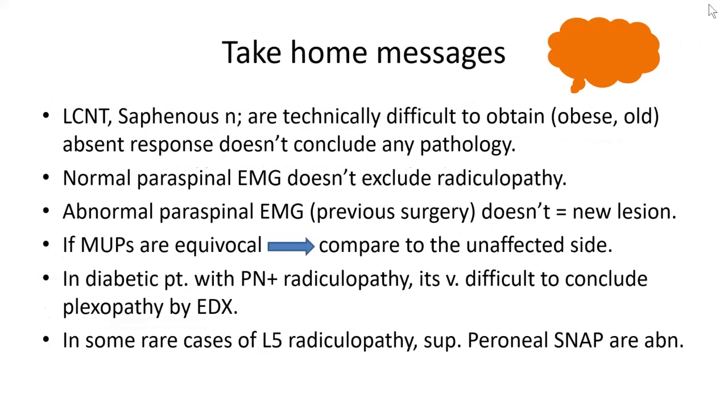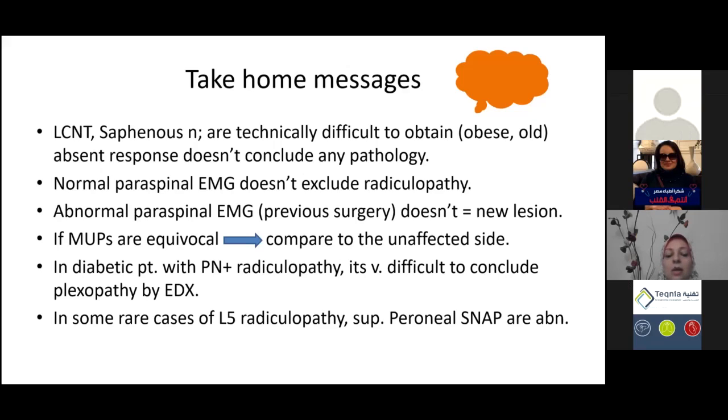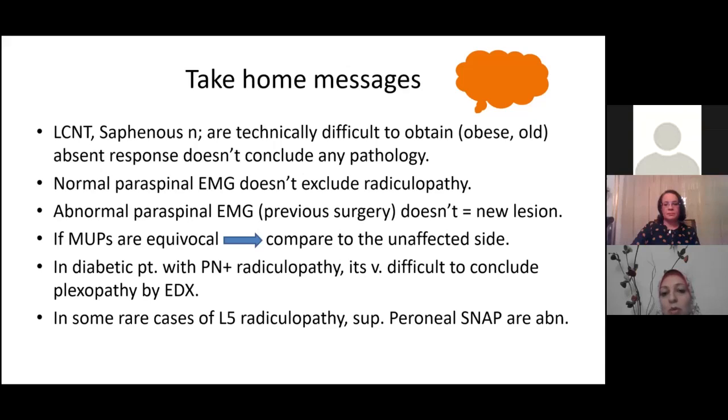So the take-home messages: the lateral cutaneous nerve of the thigh and saphenous nerve are technically difficult to obtain, especially in obese and old patients, and thus absent responses don't conclude any pathology. Normal paraspinal EMG doesn't exclude radiculopathy.